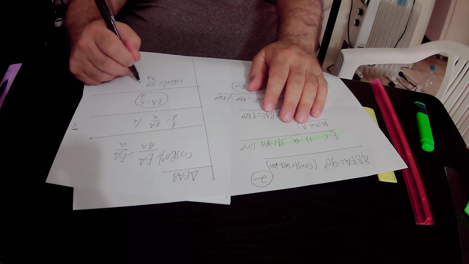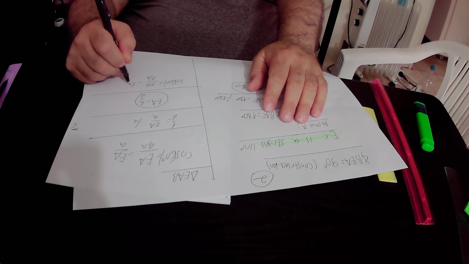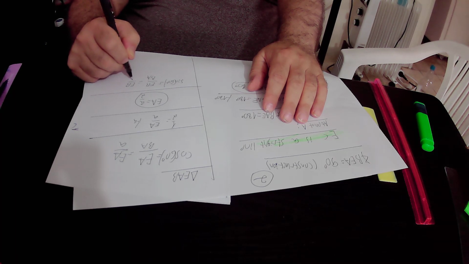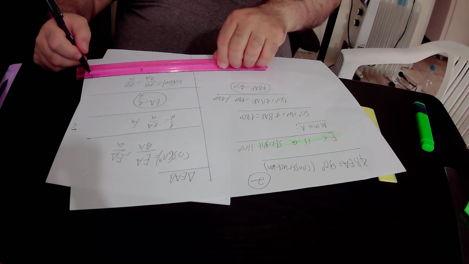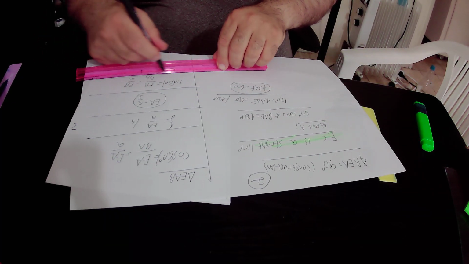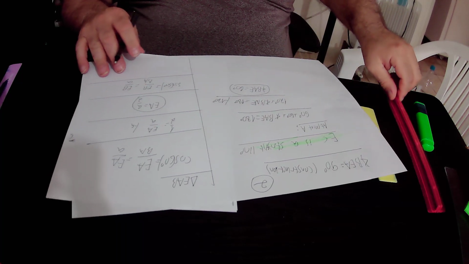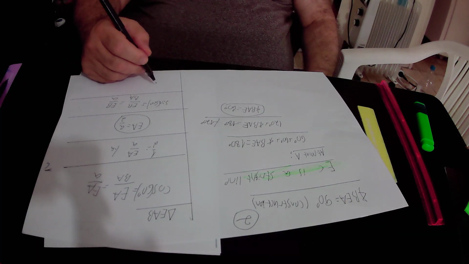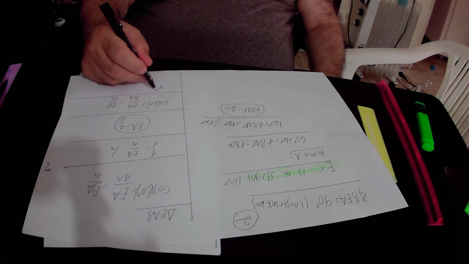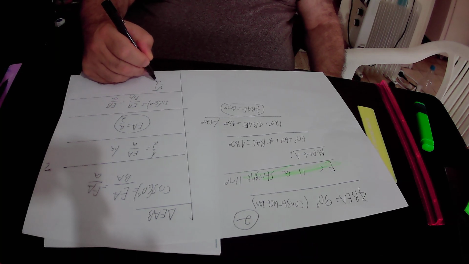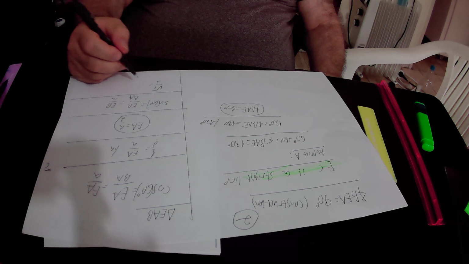BA is A. So sine 60 degrees equals EB over A, and we know that sine 60 degrees equals square root of 3 over 2. So we substitute sine 60 degrees by square root of 3 over 2, and it equals EB over A.